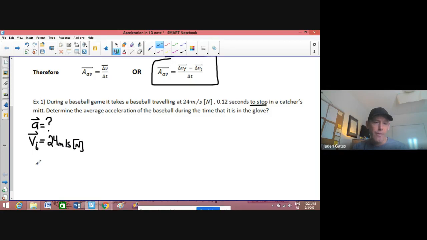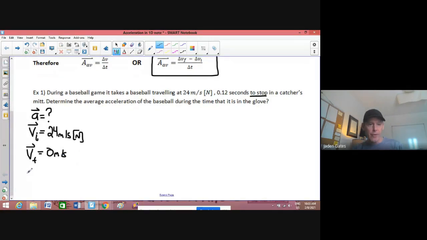Now the final velocity, or our second velocity, is 0 because it's stopped. And again, when you have a 0 vector, that's the only time that you don't need a direction. The other thing I have here is my delta T or T, again, same thing. So I'll write that down.